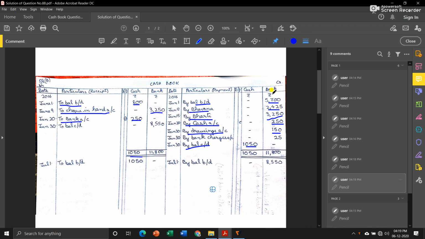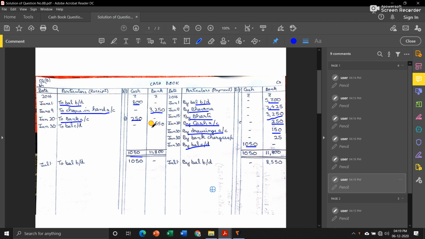But when we see in the bank column, our debit side is less than our credit side. That means we have payment more than our receipt. So what we will do is find out the total, and after that we will deduct 3250.